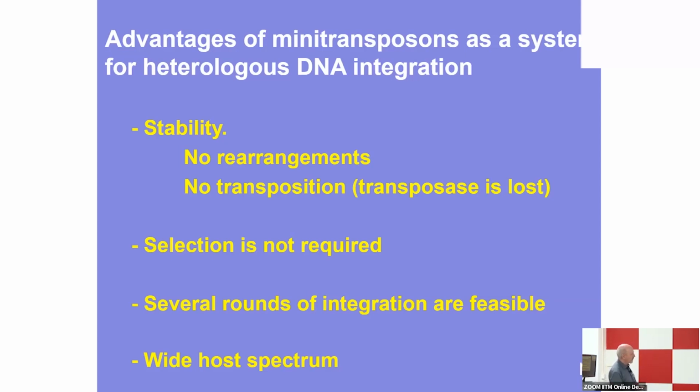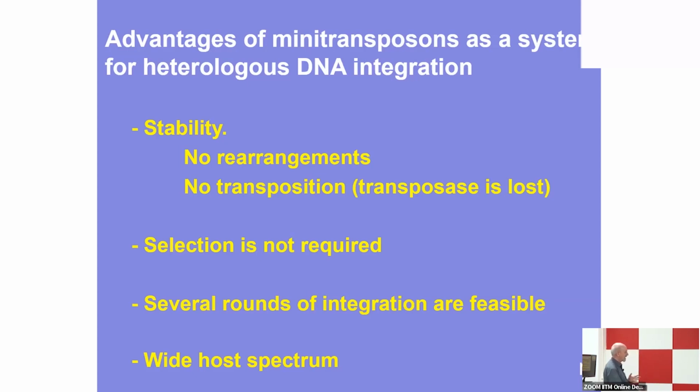Then you can also use the same transposon system to execute various rounds of transposition, because as the transposase is lost, then all you have to do is to change the selective marker of a new transposon to keep on doing transposition and transposition.